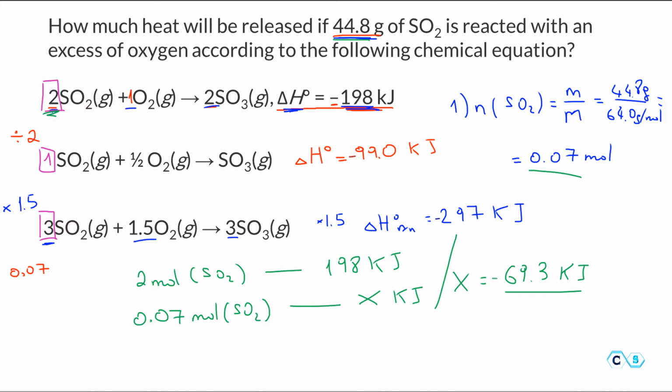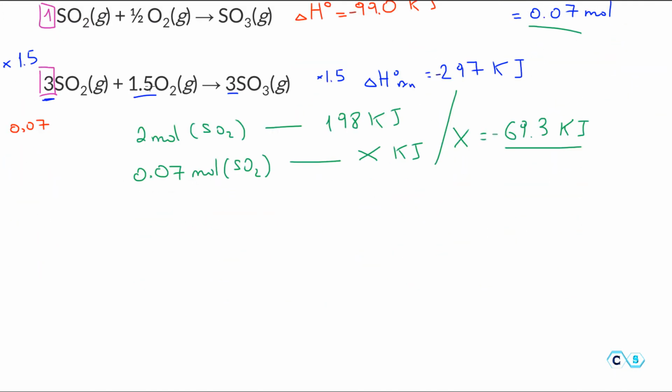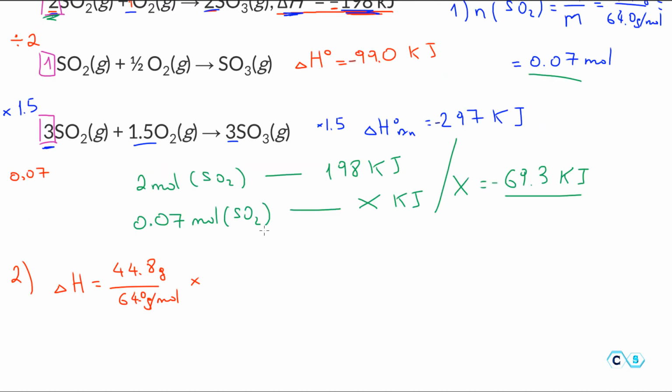However, there is also a second way to do it. You could use dimensional analysis type calculations, and write down that the enthalpy of the reaction is equal to, first we're finding the moles, 44.8 grams over 64 grams per mole. So it's with three significant figures. Step 1, we found the moles. Step 2, we're finding the heat based on the mole ratio of the reaction.